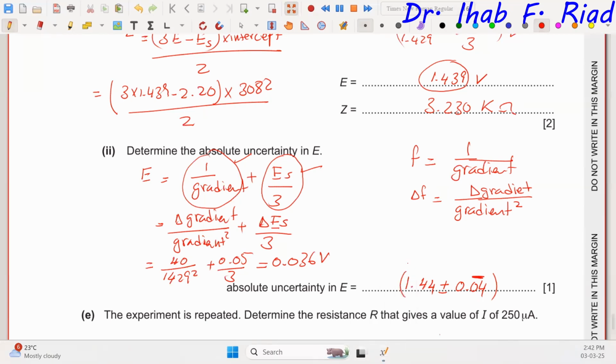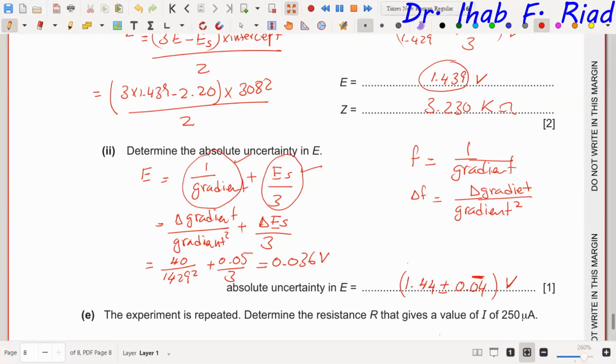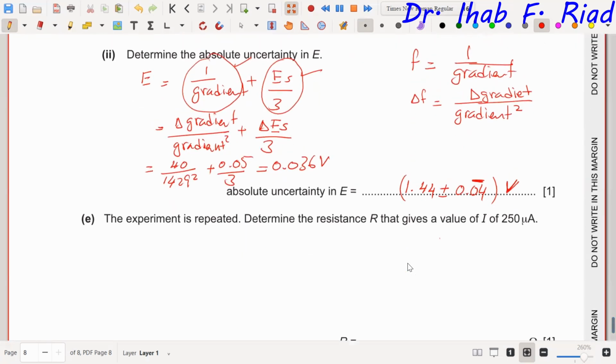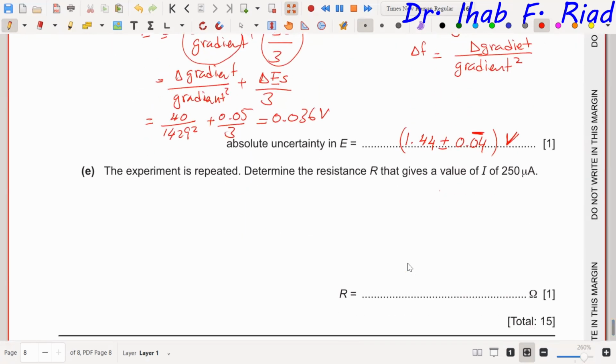Okay. So we keep 2 decimal places. Volts. Are we okay? Now, do you have any question for now? No, I don't.